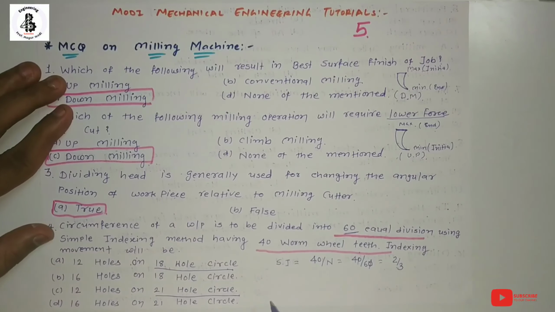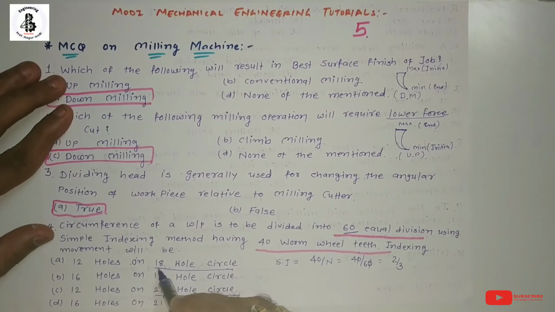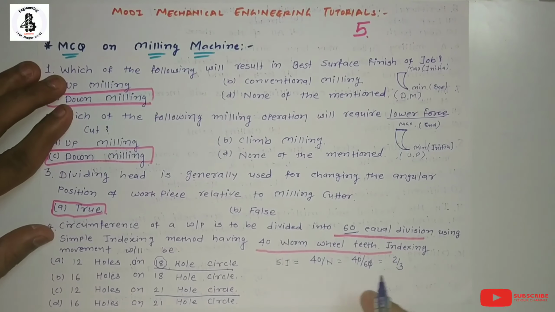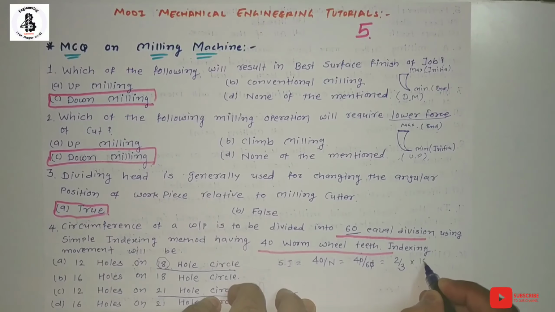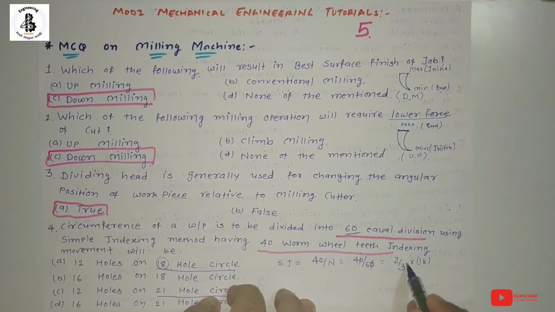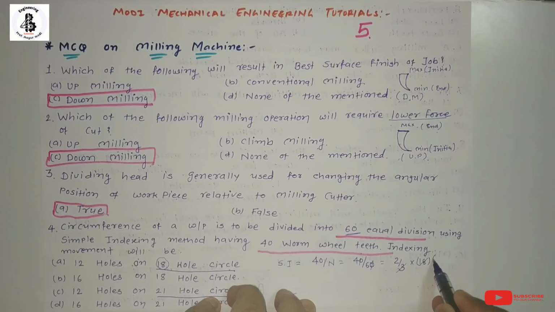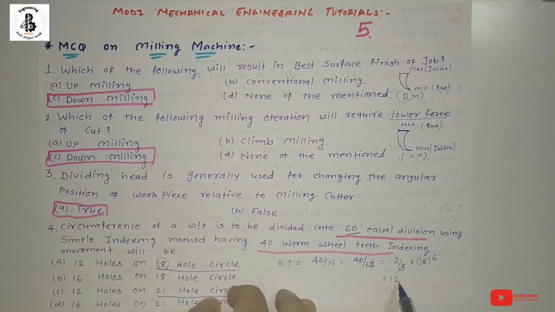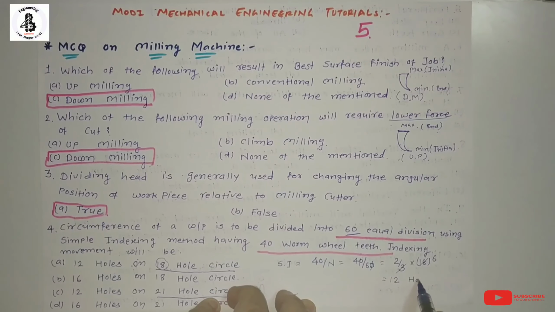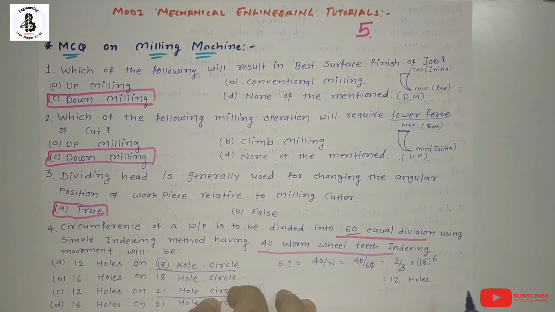So let us see for the first, the 18 hole circle system. 18 divided by 3 is 6. So 6 multiplied by 2 will be 12. So that indicates a movement of 12 holes on the 18 hole circle system.